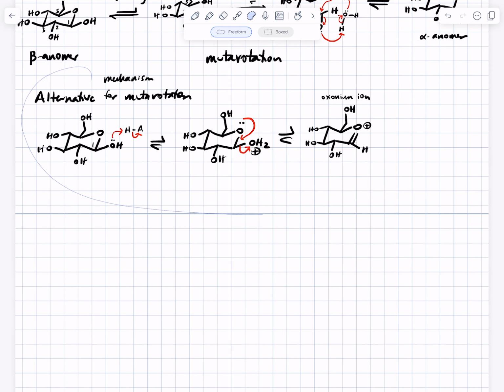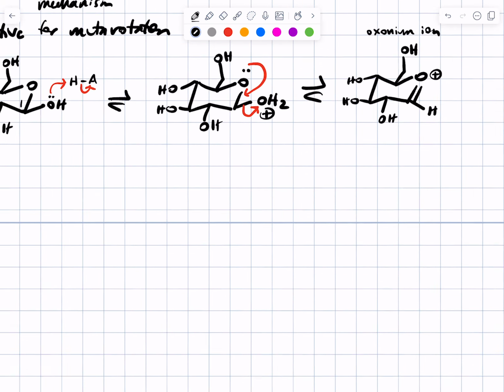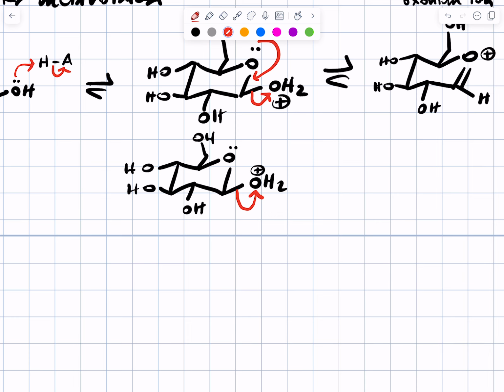Let's make sure I've got a little bit more room. Instead, your text is going to draw that same intermediate with the protonated OH2 group. But instead of having lone pairs act as kicker-offer, your text may show the OH group leaving.